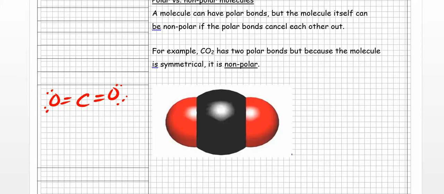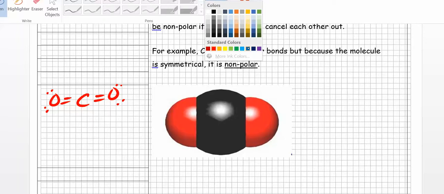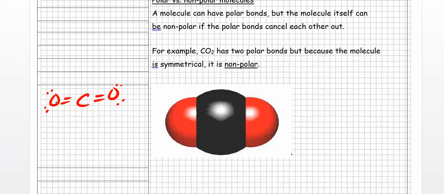Now let's take a look at the double bond that we see on this side. This double bond right here is polar. It's polar because this oxygen on the left is more electronegative than the carbon.